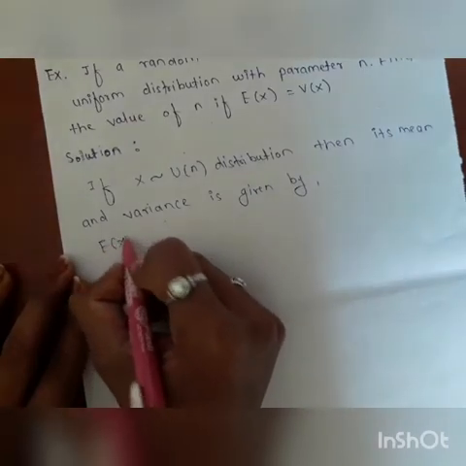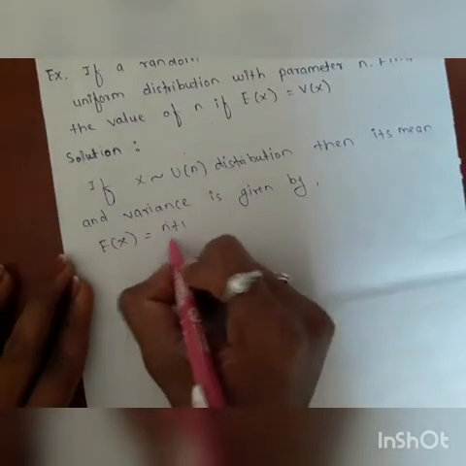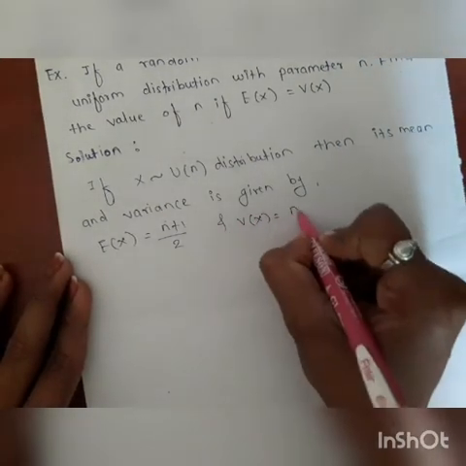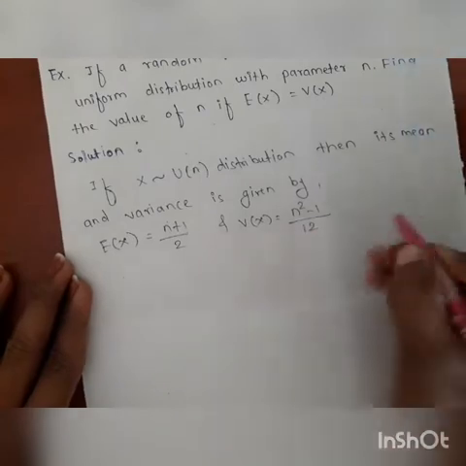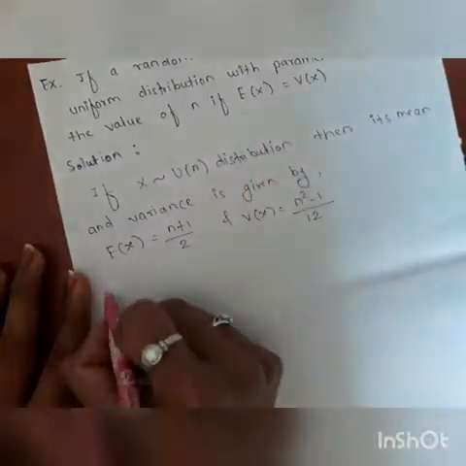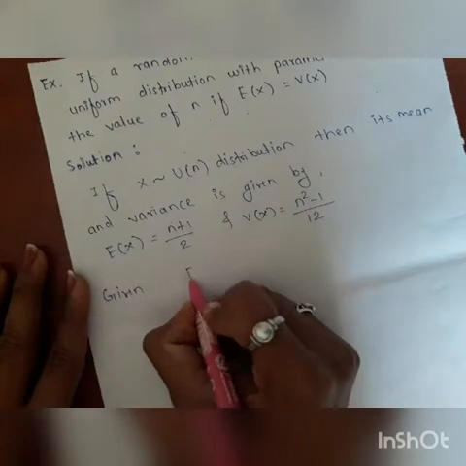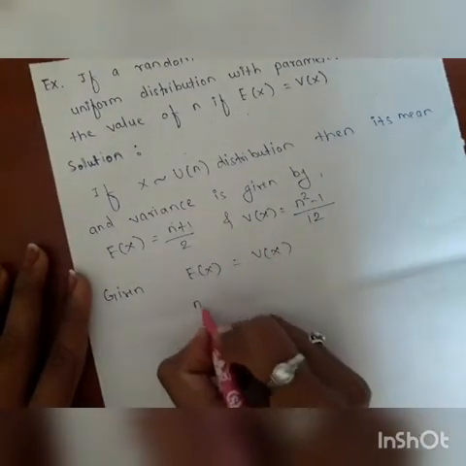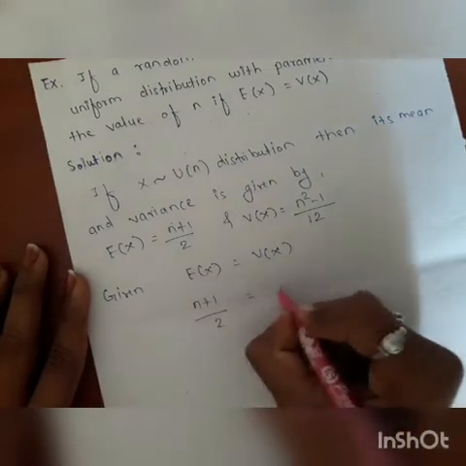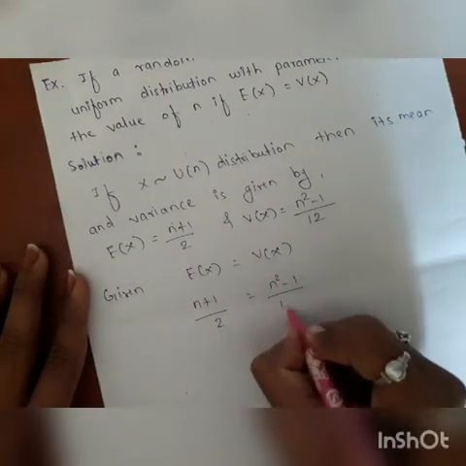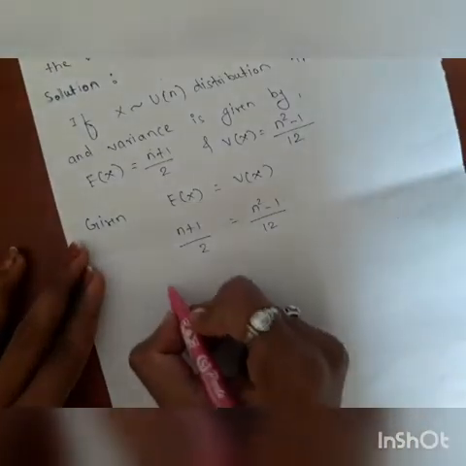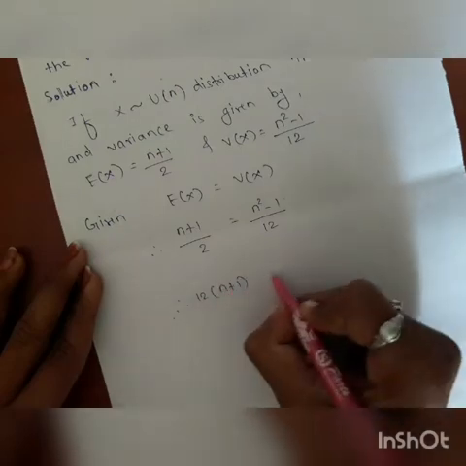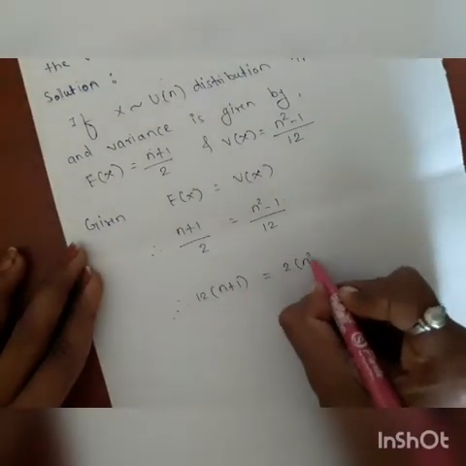we know that mean E of X is equal to n plus 1 divided by 2, and variance V of X is equal to n square minus 1 upon 12, and it is given that E of X is equal to V of X. Then n plus 1 divided by 2 is equal to n square minus 1 upon 12. Therefore 12 into n plus 1 is equal to 2 into n square minus 1.